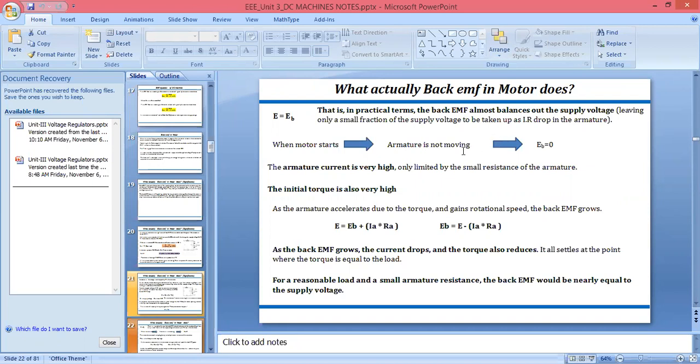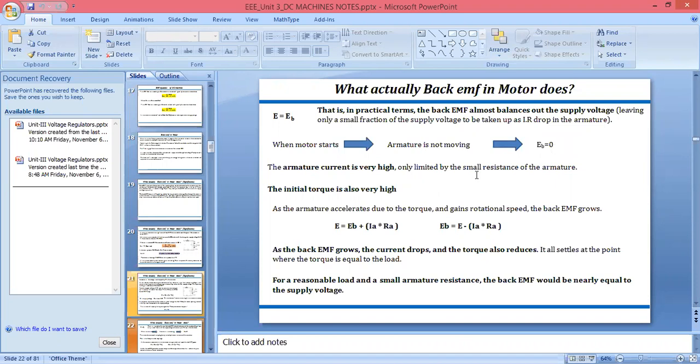EMF will not get induced, because we know that when there is rotation, the magnetic flux cuts the conductor. If the armature is not moving, it is becoming a stator. At that time we will not get any amount of EMF, so we can take back EMF equal to 0 volt.